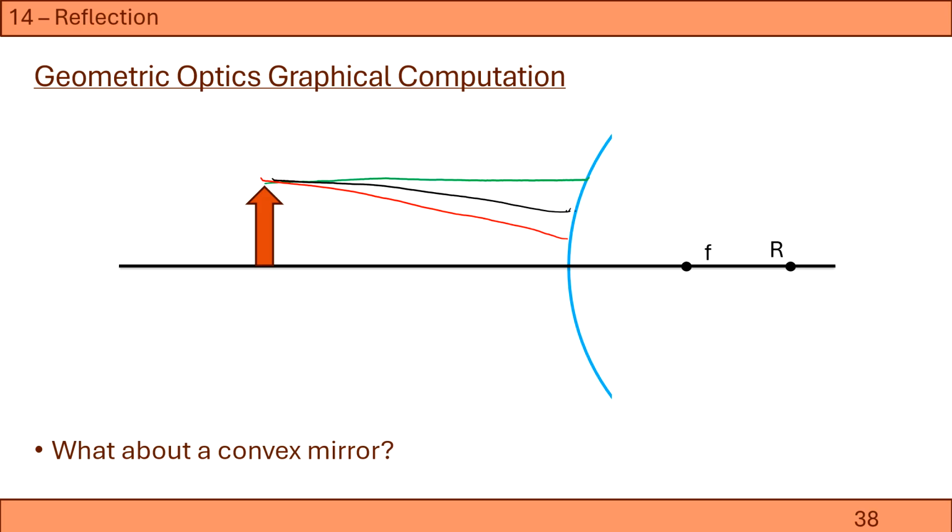And so you can see that light that was trying to go towards a focal point, that one is going to come out and leave parallel to the optical axis. Light that was going parallel will look like it came from the focal point.